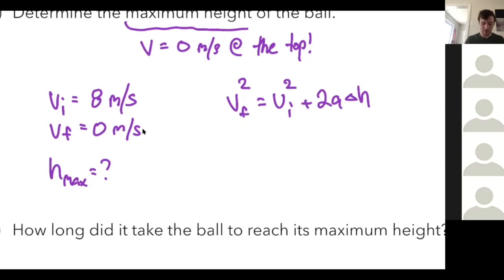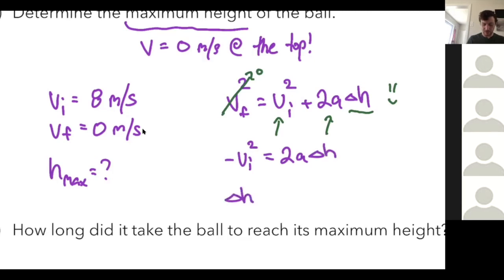So can we use it? Well, let's look at it a little bit closer. Our final velocity is 0, so that's 0. We know what our initial velocity is, and we know our acceleration, and we want our height, so this is good. We can use this formula. We can bring the initial velocity over, so negative vi squared is equal to 2a delta h.